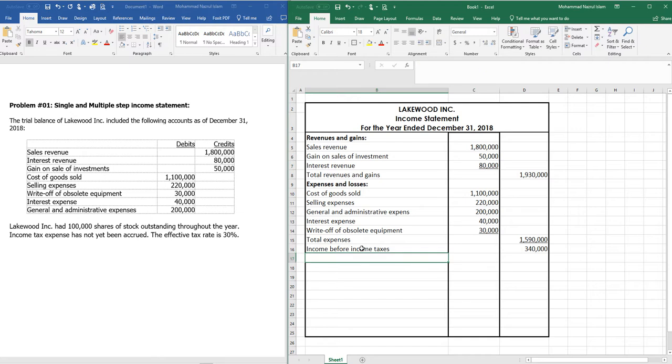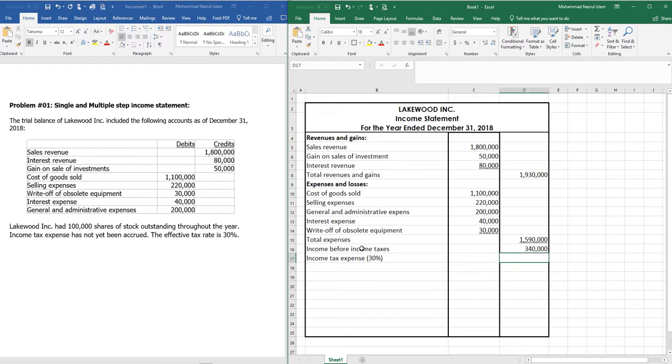Now we know that our income tax expense is 30% of total income.